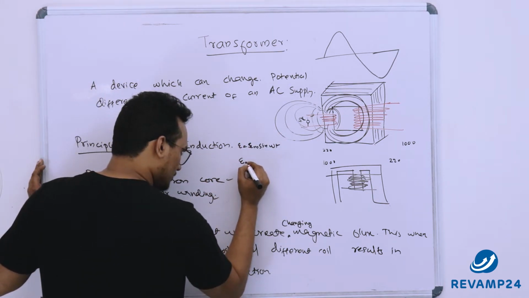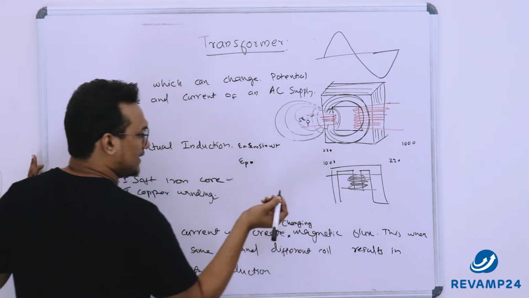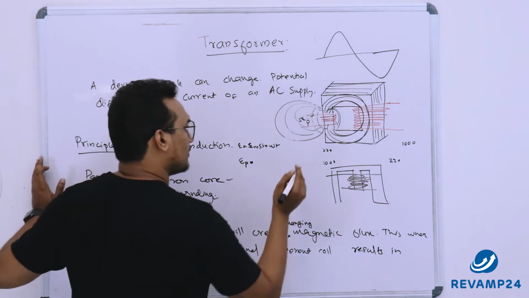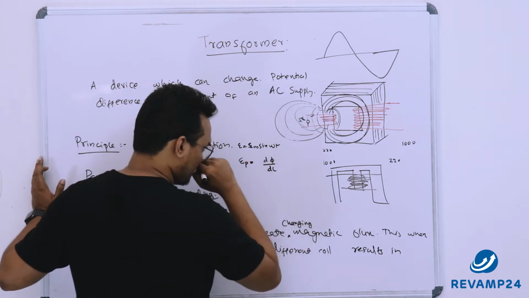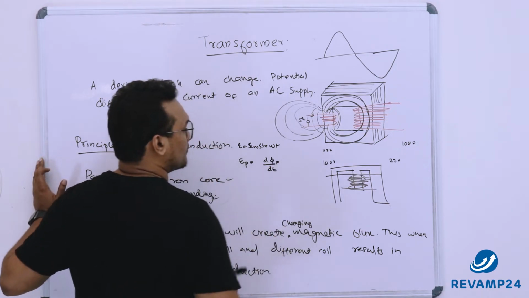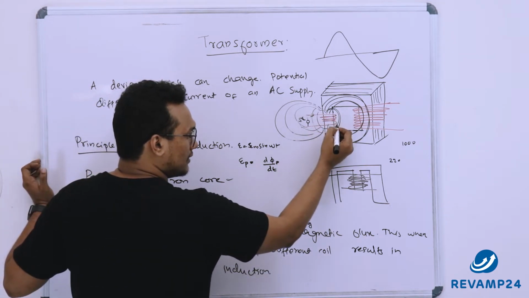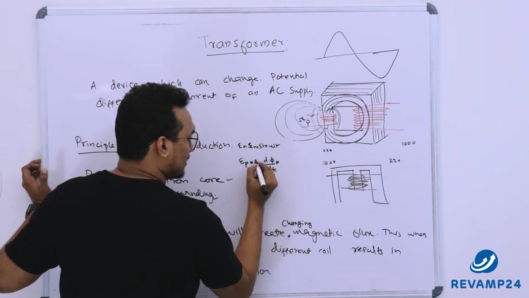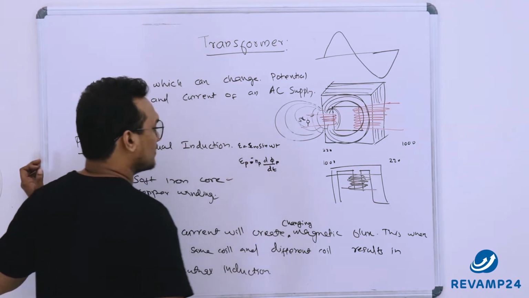EMF induced in the primary coil would be, as per Faraday's law of electromagnetic induction, d phi by dt for one coil. And this is the flux change in the primary. As there are Np number of turns in the primary, I can write it as Np into d phi p divided by dt, with a minus sign.